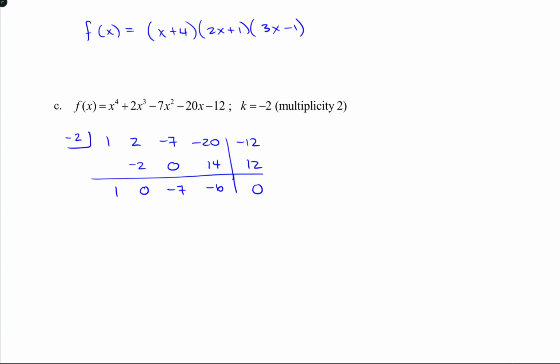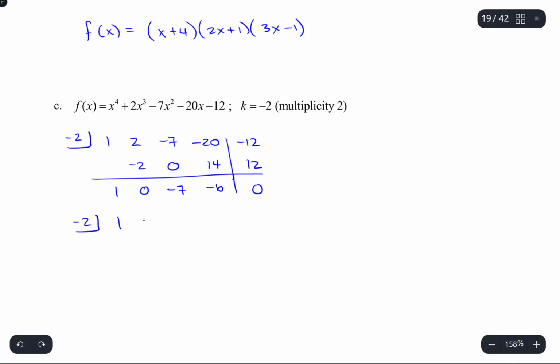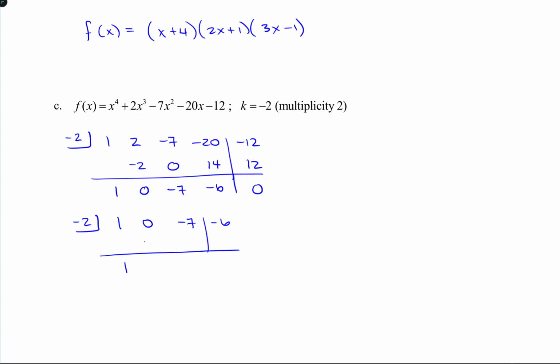Now, because this is a 0 of multiplicity 2, it's a 0 twice, which means I can take this resulting polynomial, which is 1 degree less than the original, so this is now a degree 3, and I can factor it out of that degree 3 polynomial. So bring the 1 down. Negative 2 times 1 is negative 2. That adds up to negative 2.